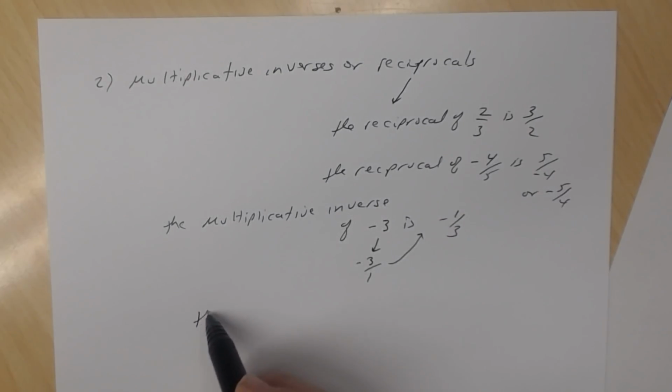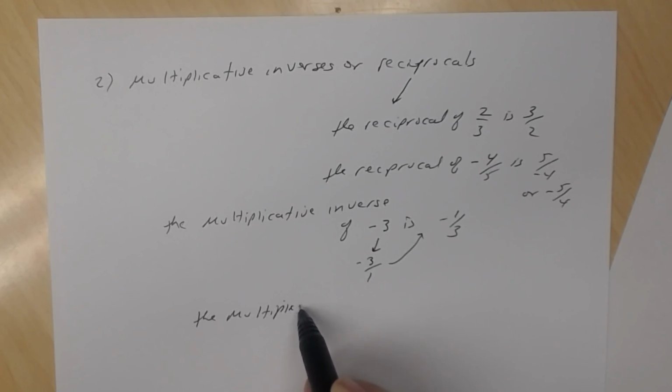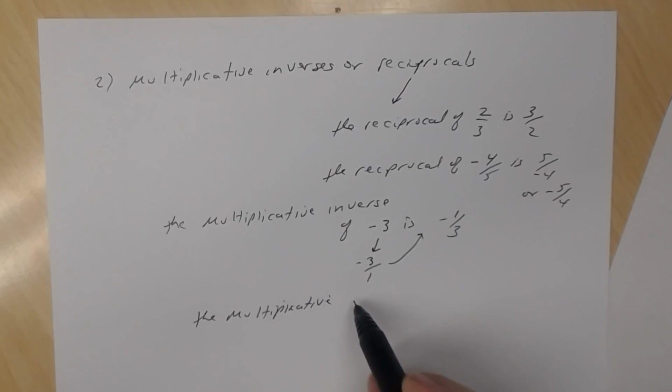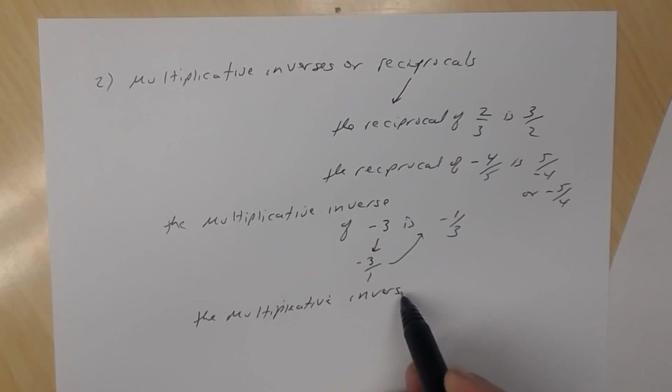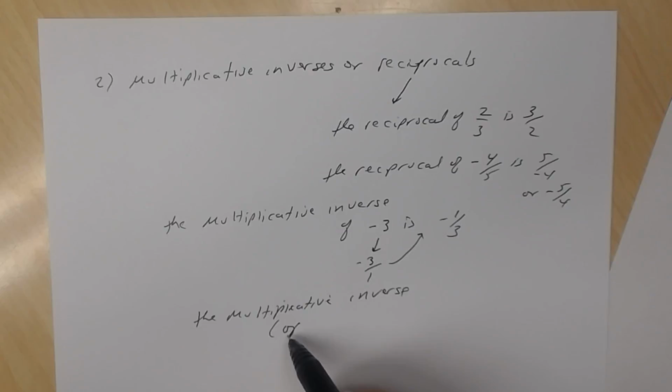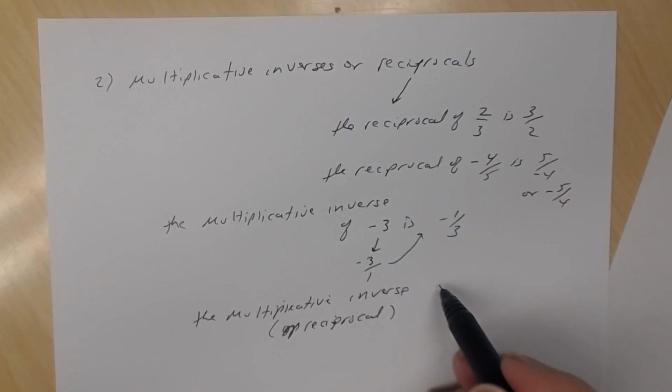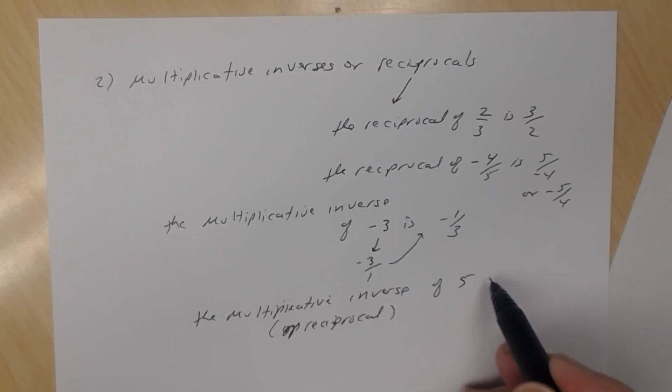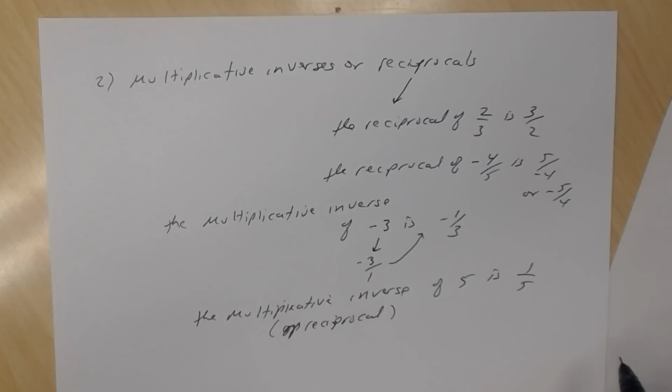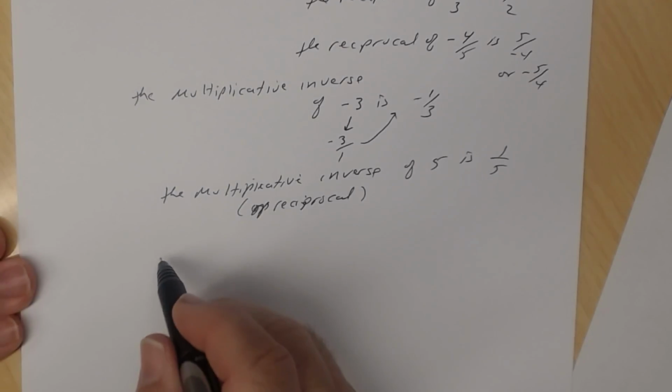The multiplicative inverse, or, I'm sorry, I didn't mean opposite, I mean reciprocal, of 5 is 1/5. Okay, so the multiplicative inverse, or the reciprocal of 5, is 1/5.